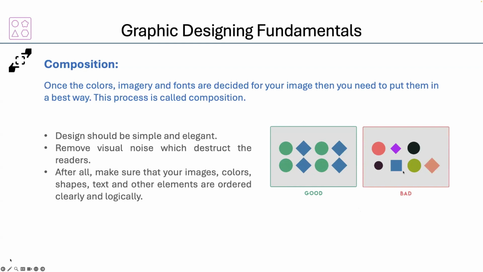On the other hand, in this box, I don't like it because it doesn't have a good color combination and the sizes are not appropriate. They are inconsistent and not aligned. So this is the purpose of composition, how you arrange all the components throughout your document.